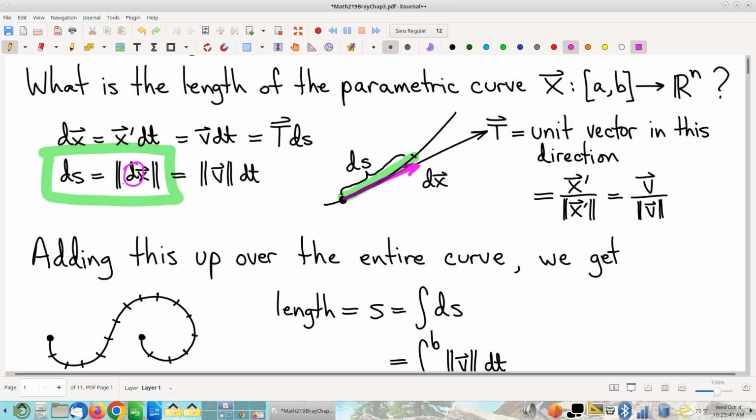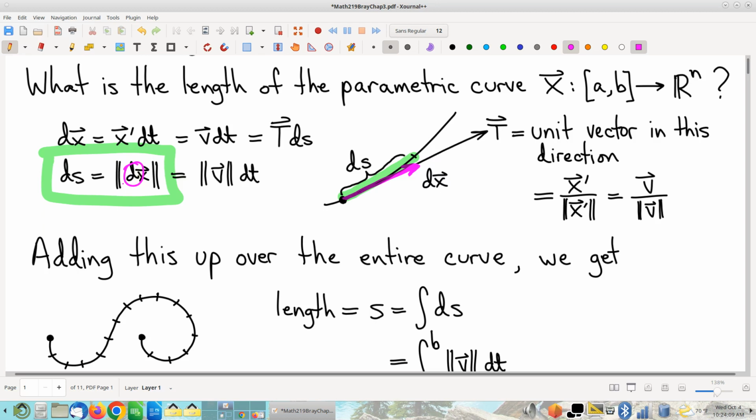Another way to say it is that our linear estimate of distance should be the magnitude of our linear estimate of displacement, right? If you think about what a displacement really is, there's a direction involved, and the other aspect of a displacement is how far did you go in that direction, namely a distance, right? So that's one of the really big ideas here, that ds is the magnitude of dx.